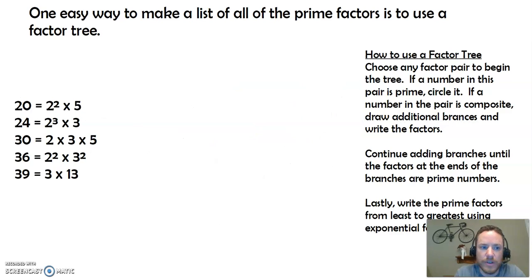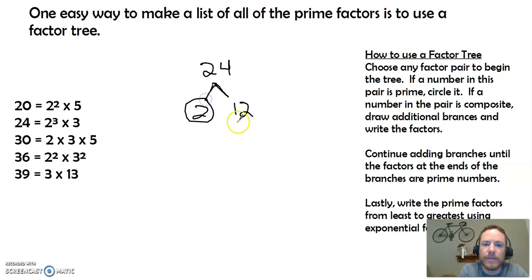Let's try 24. 24 is a composite number, so it needs branches. 24 can be made up of 2 times 12. 2 is prime. 12 needs branches. 12 can be made up of 2 times 6.